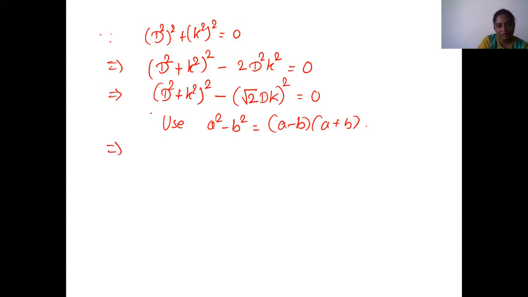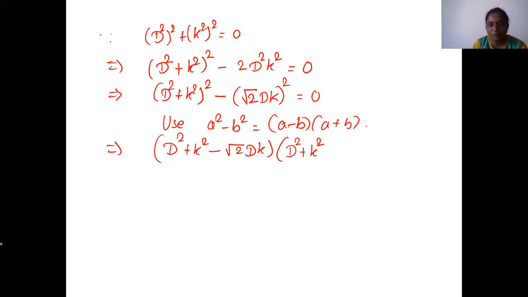So how can we write it here? A minus B, minus root 2 DK, into A plus B, D square plus K square. What is the next term? Plus root 2 DK. A minus B. We are writing for this. Everyone is understanding?